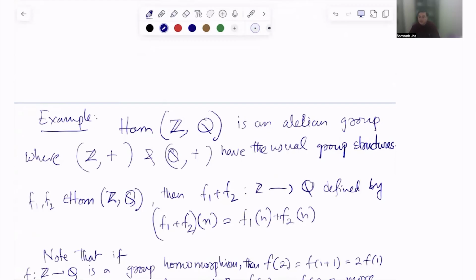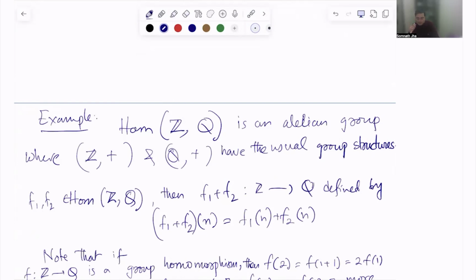This is an operation. There is a map 0, which takes every integer to 0, and that is the identity. Adding F1 plus F2 plus F3, whichever way you add in the definition, will be the same. F1 plus F2 will be equal to F2 plus F1, and given any F1, there is a map minus F1, whose value at n is the negative of the value of F1 at n.